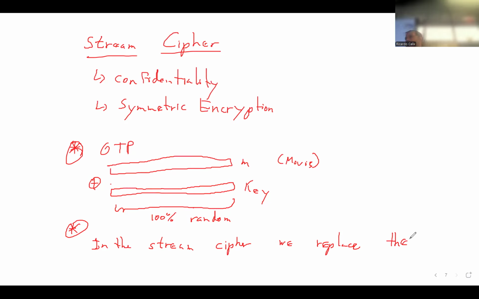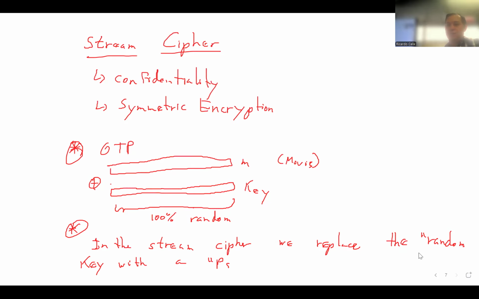There are patterns there. When you look at data that is random, it's the total opposite. It behaves differently. It's all counterintuitive, right? But anyway, in the stream cipher, we replace the random key, which should be very random, with what we call a pseudo-random key.